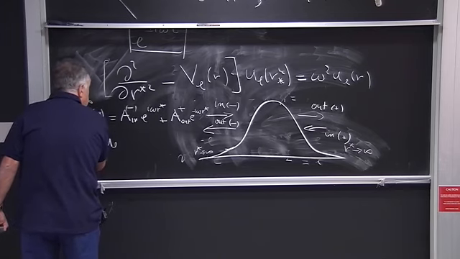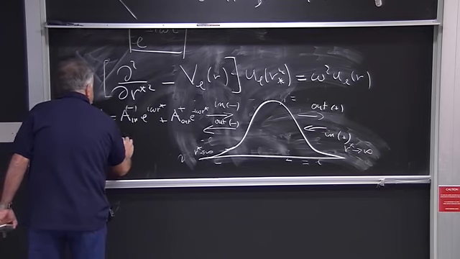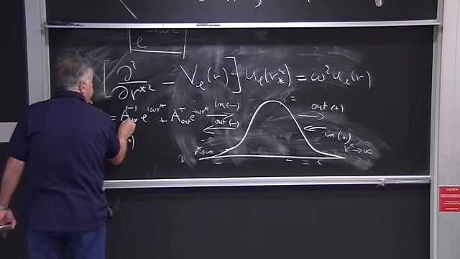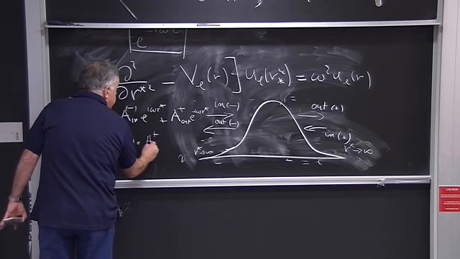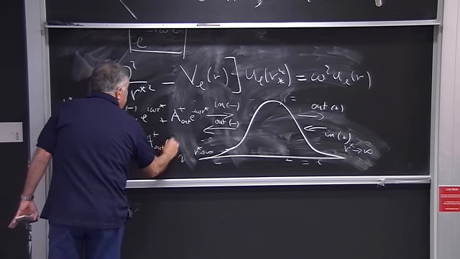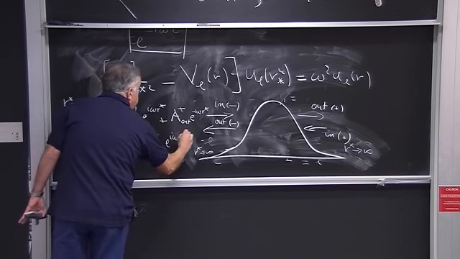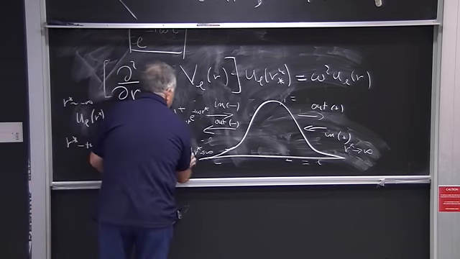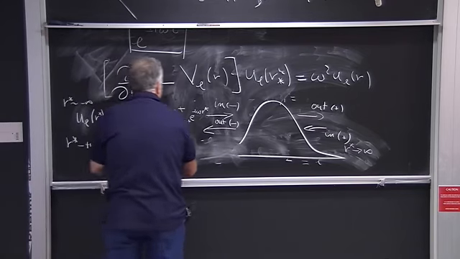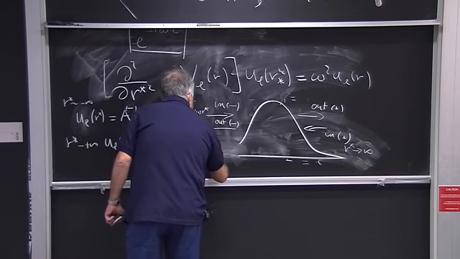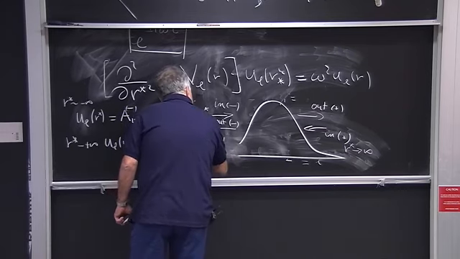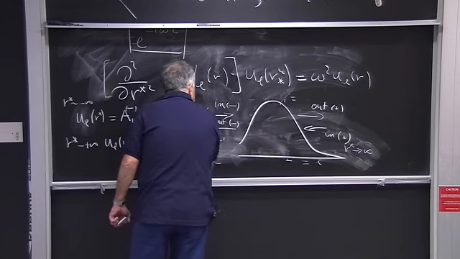The same solution near plus infinity is written in terms of coefficients A plus out, e to the i omega r star, plus A plus in. This is the ingoing wave going into the potential.